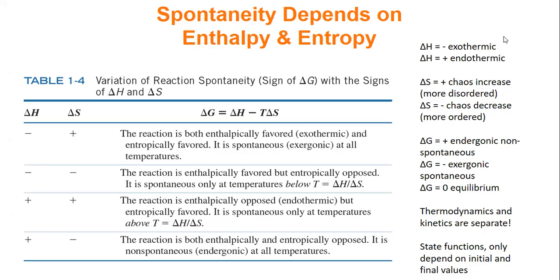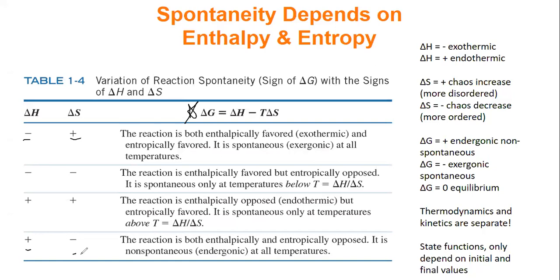And we have our equation here, the Gibbs free energy equation that relates G, H, and S. The way it's set up, if you know the sign of H and S, you can determine whether G will be spontaneous or not. If H is negative and S is positive, it will always be spontaneous. If H is positive and S is negative, it will never be spontaneous. In the other 2 cases, it depends on the temperature.